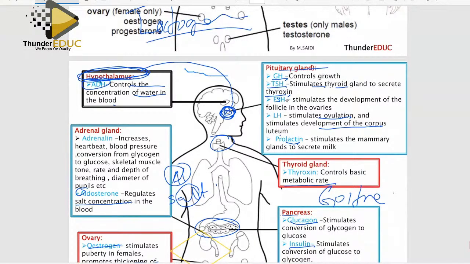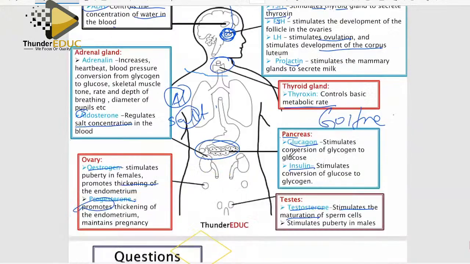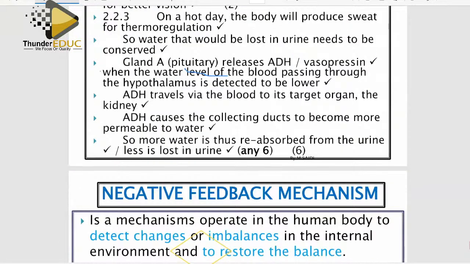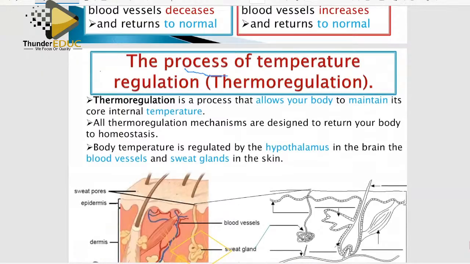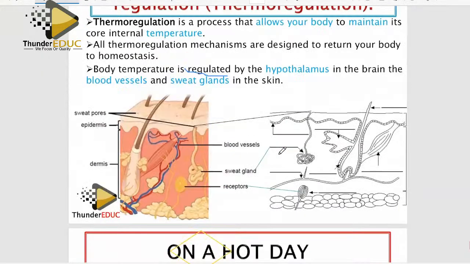So it's the pituitary gland that releases this into the blood, depending on whether more water or less water is needed. People always confuse it. Check here. Let me just show you what I'm saying. Look.